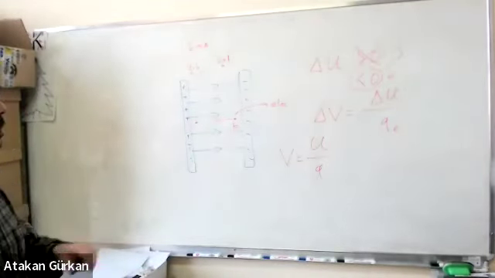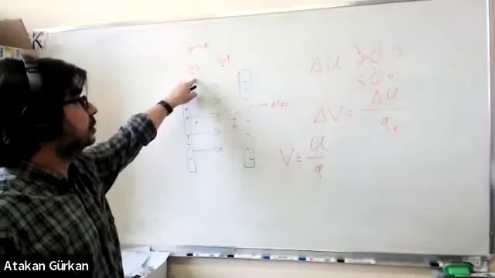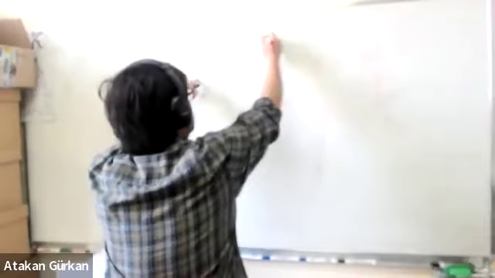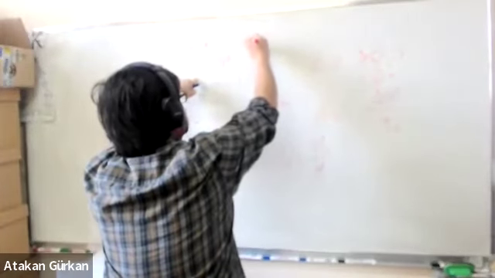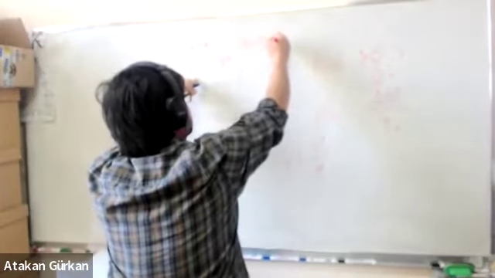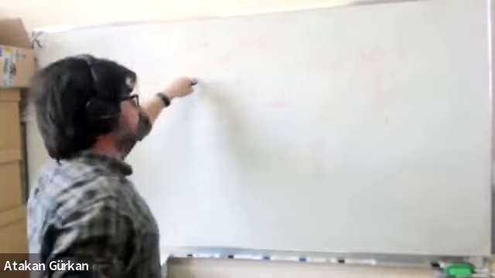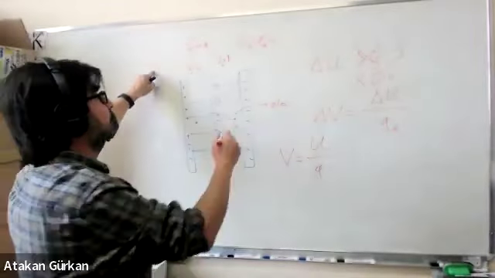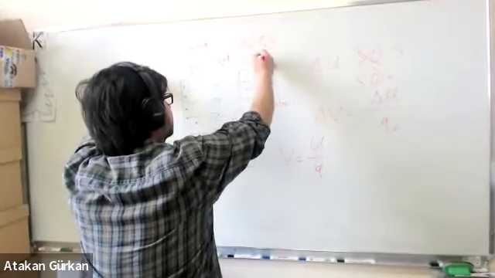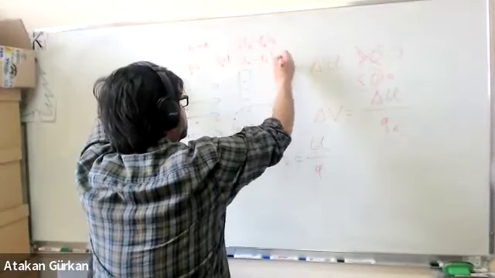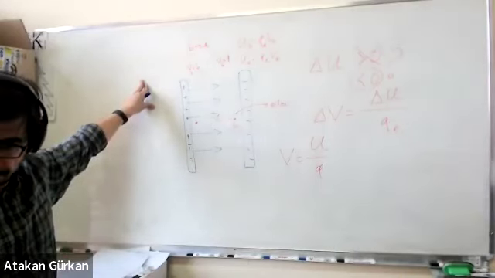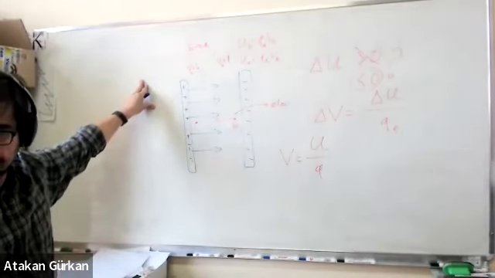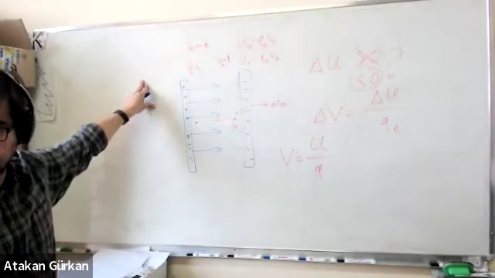Now, the potential energy is going to be Q times V. So the potential energy that we started with is going to be the charge of the electron times the potential over there. And the potential energy we end up with is going to be the charge of the electron times the potential there. Now, the charge of the electron is something very small but negative.